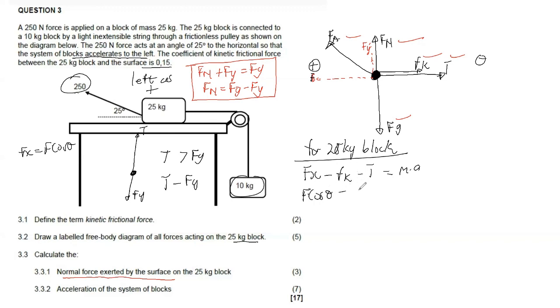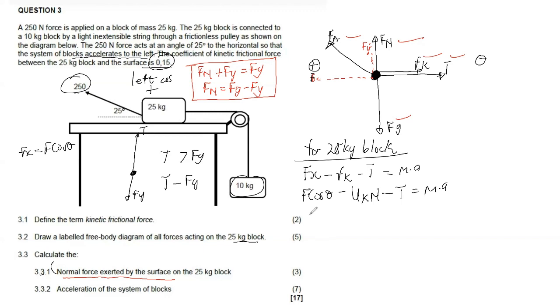And then the Fk here, we are not given the value for the frictional force, but instead we are only given the coefficient. So therefore, we need to also break down our Fk as mu k multiplied by N. Since we did calculate the normal force in 3.3.1, then minus our tension, and then ma. Now let's start substituting in here.